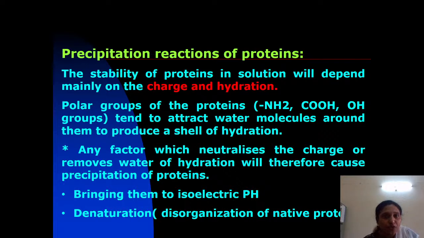It should have one of four properties: it can decrease the shell of hydration, or neutralize the charge on the surface of the protein, or bring it to isoelectric pH, or cause denaturation. Because of any one of these properties, protein-protein interactions increase, which causes the aggregation of the proteins and results in the formation of precipitation.